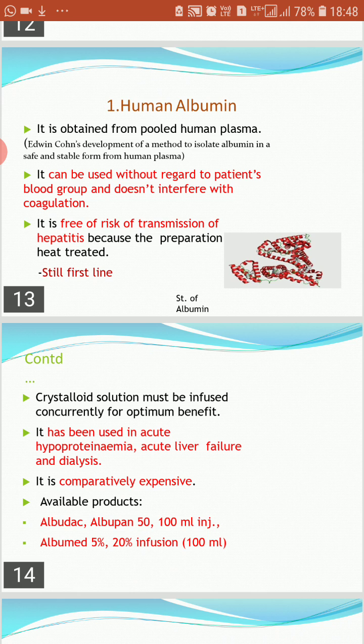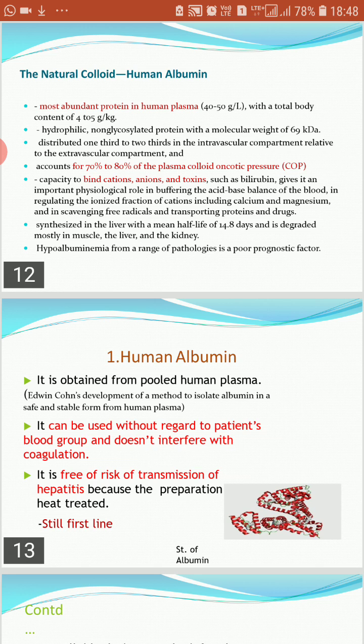And the caution we have to take is that crystalloid solutions like normal saline and dextrose water should also be given along with it for optimum benefit, because it will increase the oncotic pressure. But after a certain limit, we require to give water from outside for its support.